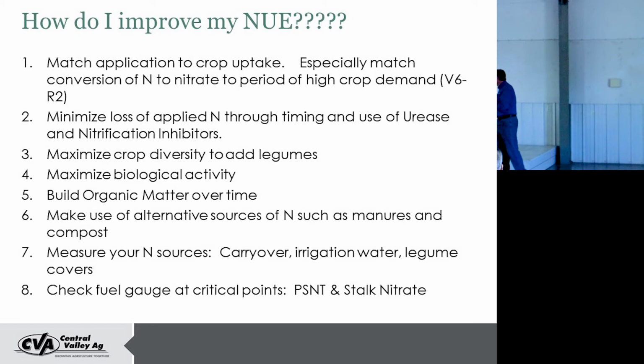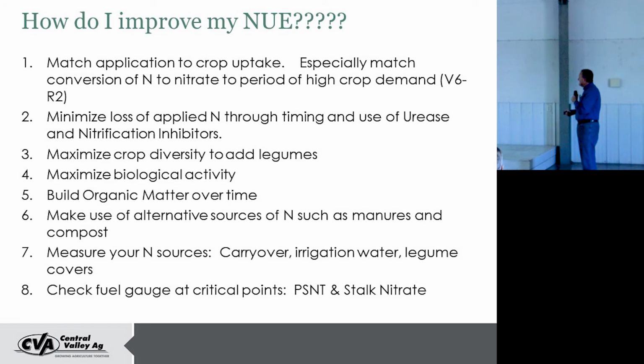Nitrification inhibitors are all about stopping the process of nitrifying ammonia into nitrate. If we can stop that process and keep it in ammonia form, it's not going to be liable to loss until hopefully when biological activity picks up and crop growth picks up, and we'll match this. Maximize crop diversity, including legumes, to take advantage of free nitrogen you can get from soybeans, alfalfa, legume cover crops, whatever.